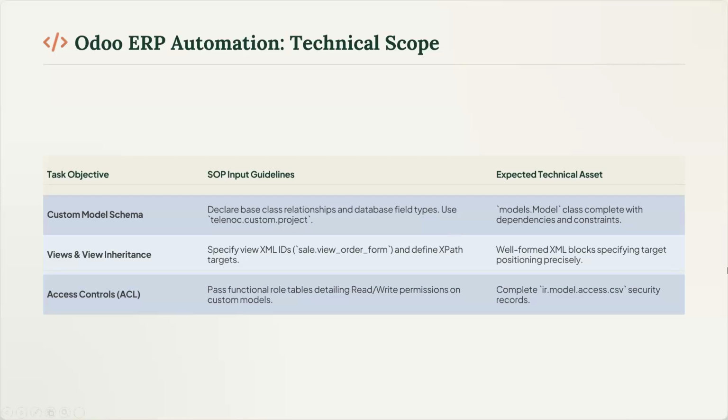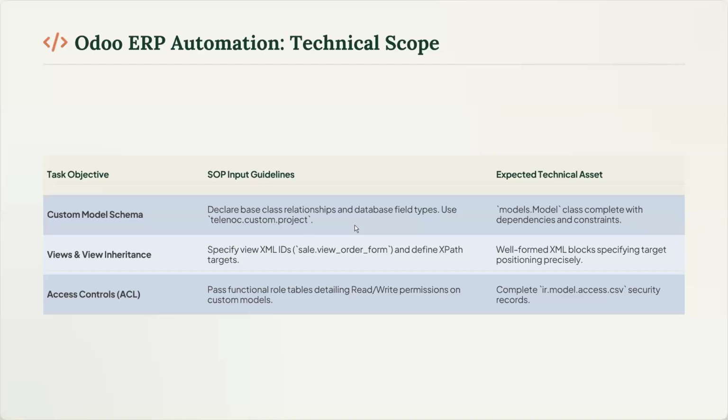So we can give him the task like this, task objective and single operation point, input guidelines, which is declared based class relationship. We are trying to give him descriptions and guidelines as much as we can. The more information you give him, the more refined results you get, or an optimal result after a lot of refining.